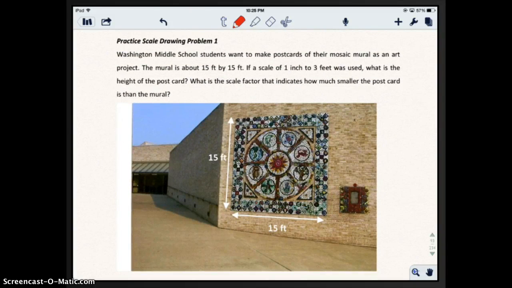Washington Middle School students want to make postcards of their mosaic mural as an art project. The mural is about 15 feet by 15 feet. If a scale of 1 inch to 3 feet was used, what is the height of the postcard?